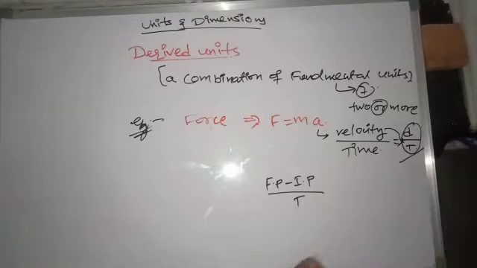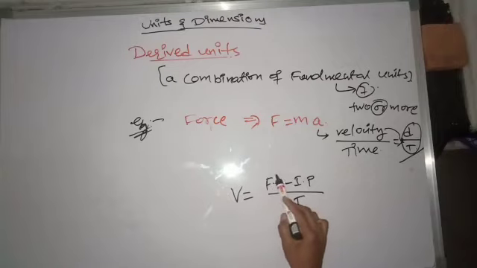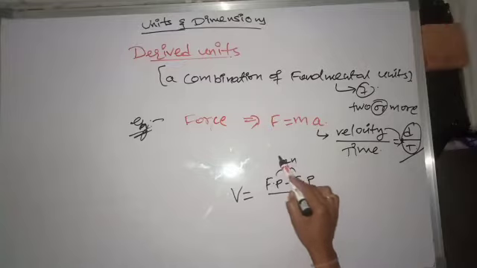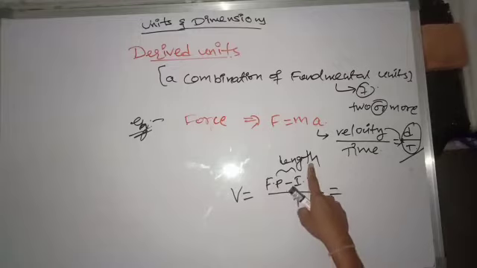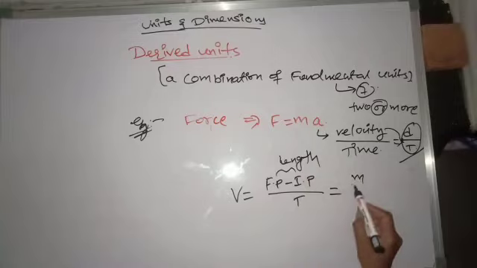So velocity is displacement per time. Here we are measuring length between the final point and initial point. So what is the fundamental unit for length? Meter, right? And for time, second.